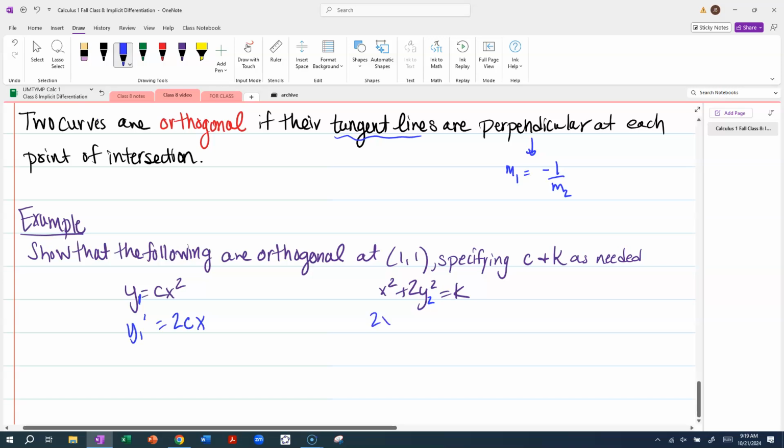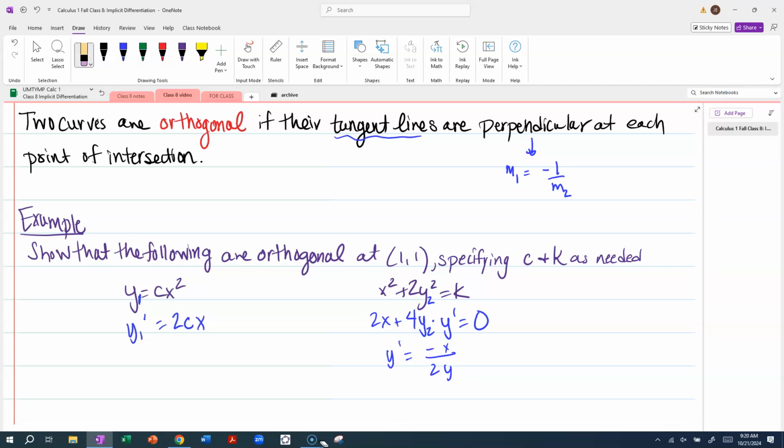Differentiating implicitly, I get 2x plus 4y2 times y prime is equal to 0. Then I solve for y prime, because I'm looking at tangent lines, so I need y prime here. I'd subtract 2x, divide by 4y2, and reduce. I would just end up with negative x over 2y2, or over 2y.